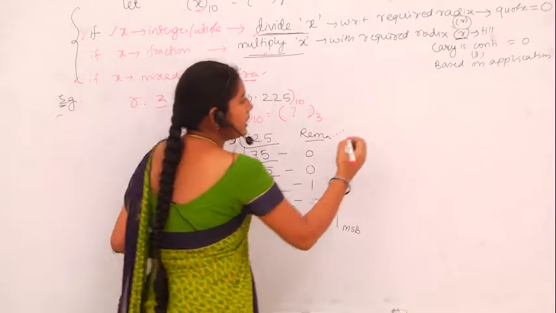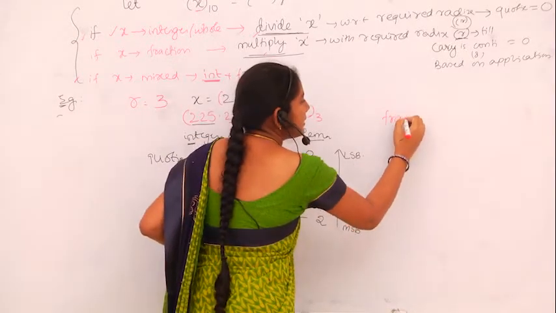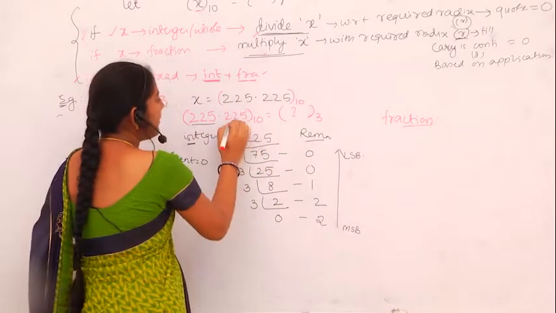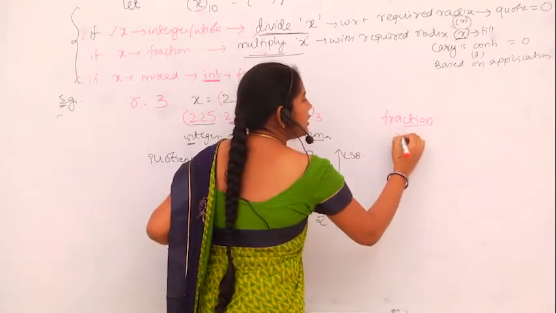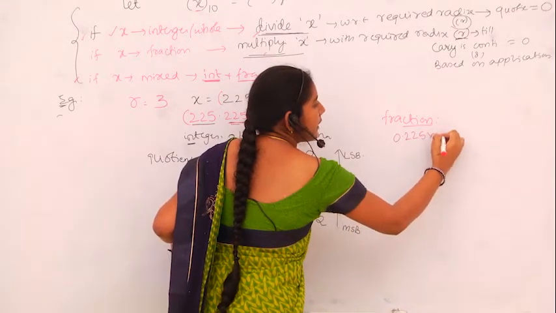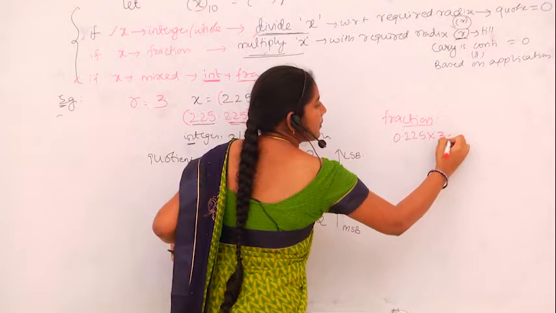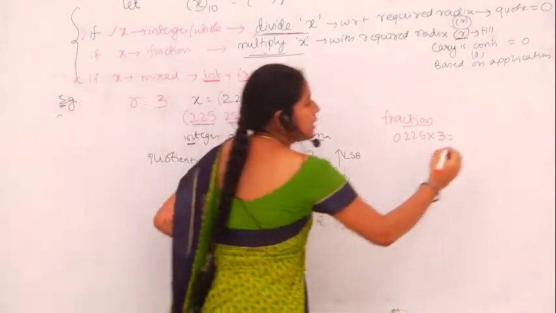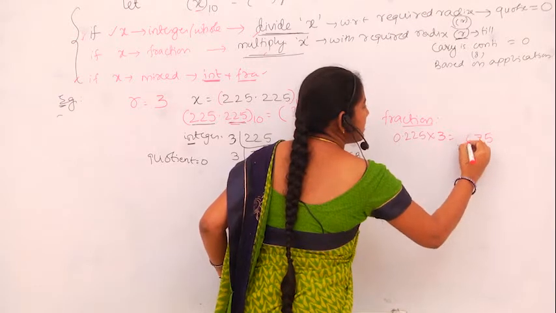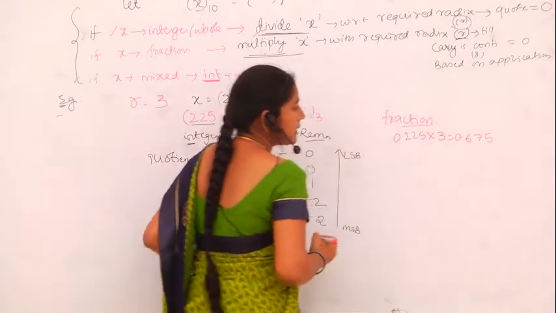Now we need to do the fraction part. For the fraction, multiply this fraction, that is 0.225, with the required radix, here it is 3, right? So 3 5s are 15, 7, 6 point.